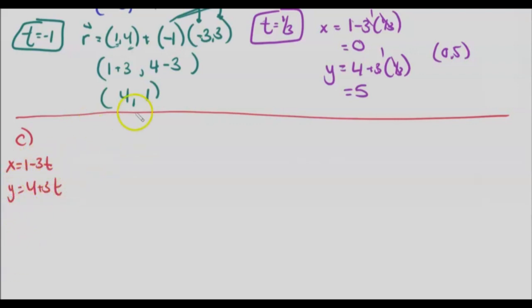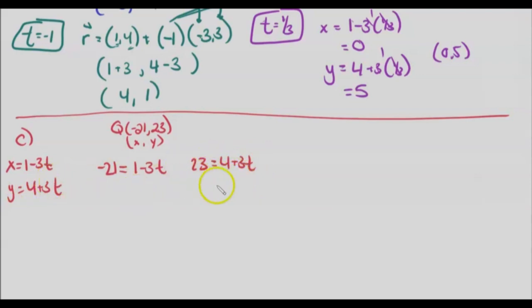We're going to test 2 points, okay? So for the first one, we're going to test the point negative 21, comma 23. So what we want to do is, this would be the x and this would be the y, essentially. Okay, so let's plug in negative 21 to the x, and then 1 minus 3t. And then we're going to plug in the y, 23, 4 plus 3t.